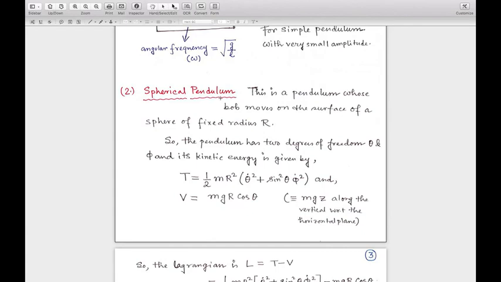So again the constraint is that the bob should move on the surface of a sphere of fixed radius r. So the pendulum now has 2 degrees of freedom, theta and phi.